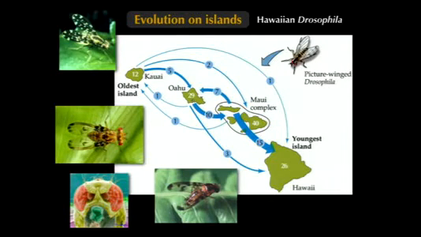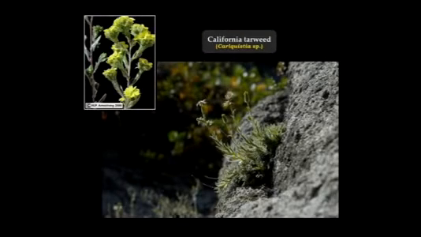Don't worry about the numbers that are on this figure. I just liked the figure, but the numbers are inconsequential. Another example from Hawaii, this modest little plant, a tarweed from California or from North America, got to Hawaii and radiated there.